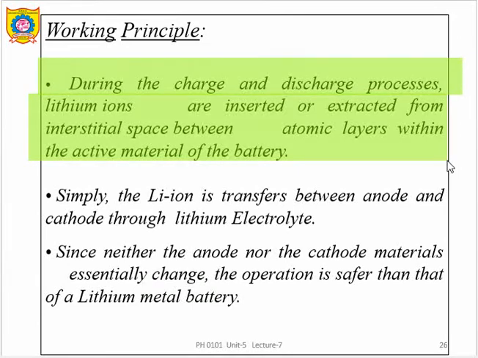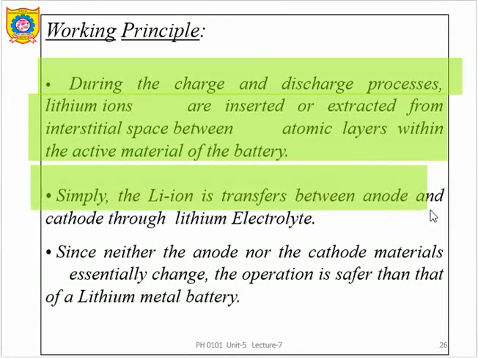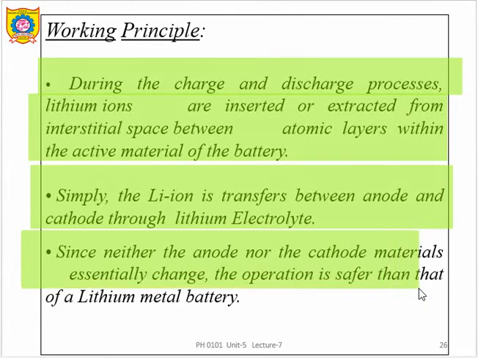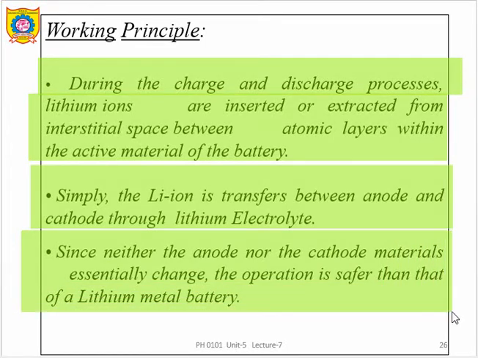The lithium oxide and the copper coils. Simply, lithium ions are transferred between the anode and cathode through the lithium electrolyte. The lithium salt, as I told you before, acts as the electrolyte. Since neither the anode nor the cathode materials essentially change, the operation is safer than the lithium metal battery.